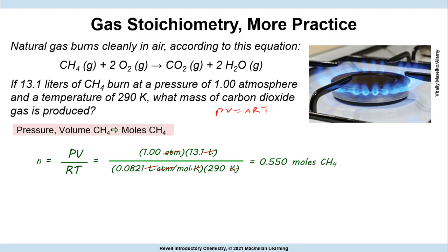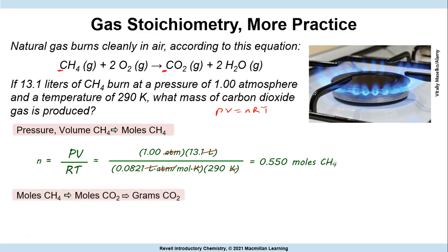Now with these moles of methane, we are now going to convert it to moles of carbon dioxide using the balanced equation. So in the balanced equation, we see that 1 mole of methane gives us 1 mole of carbon dioxide. So we will have the conversion rate that 1 mole of methane is equal to 1 mole of carbon dioxide, and we cancel out. Then we convert from the moles of carbon dioxide to grams of carbon dioxide using the molar mass.